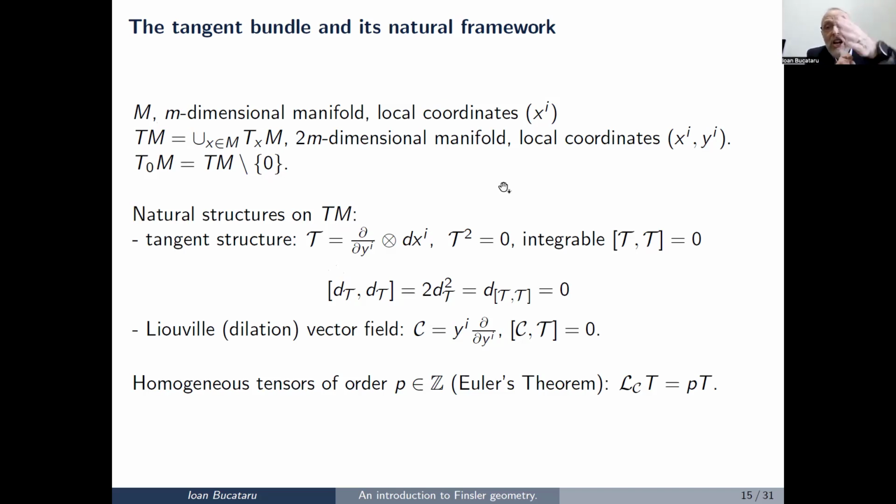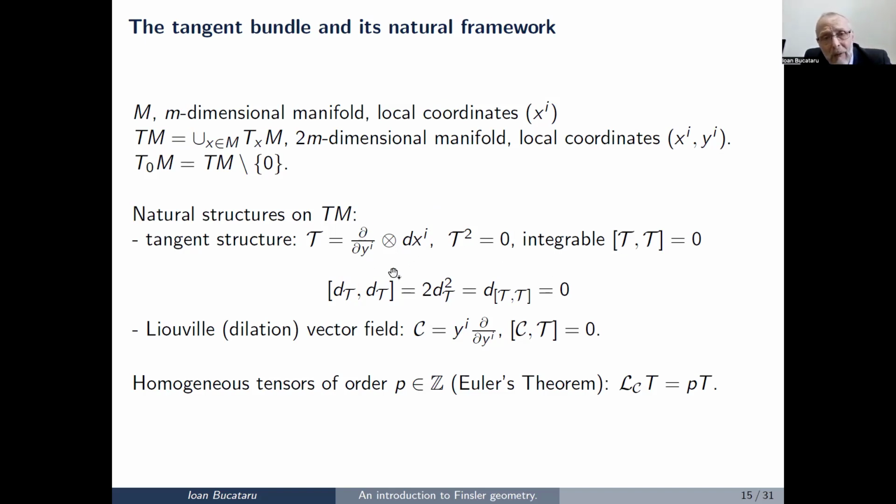And if you take the tangent space to this tangent bundle, so the tangent space along these leaves, along these tangent spaces, are called vertical spaces. So this tangent structure here actually takes verticals into zero, so ignores the vertical vectors, and takes transverse vectors into vertical. It has this important property, so this is why it is called tangent structure: the square is zero, and it is integrable.